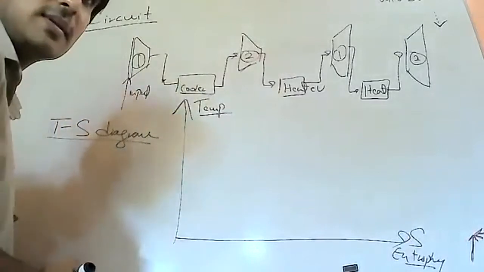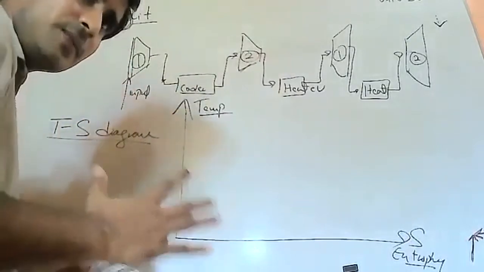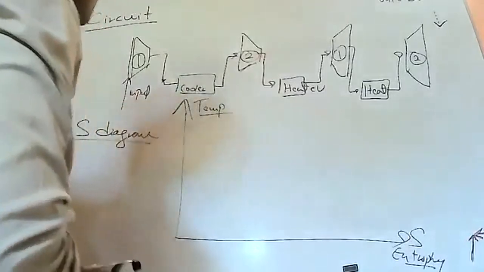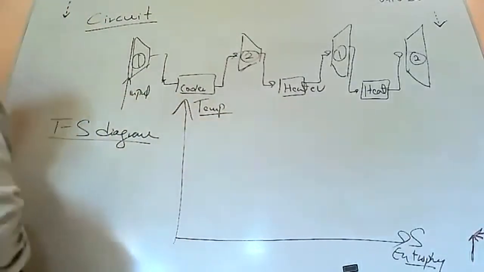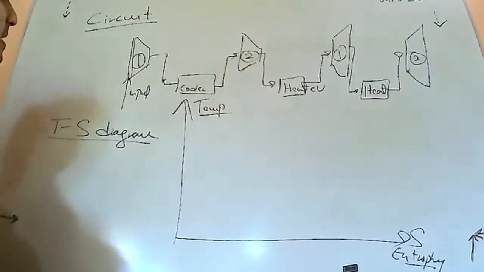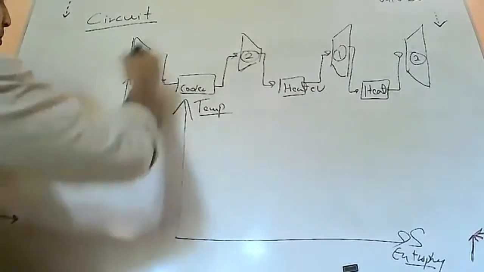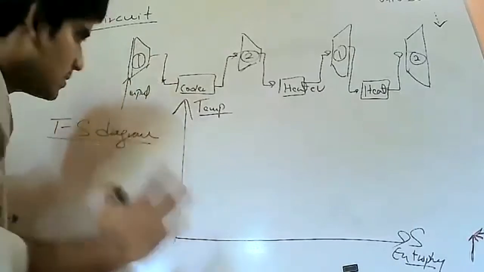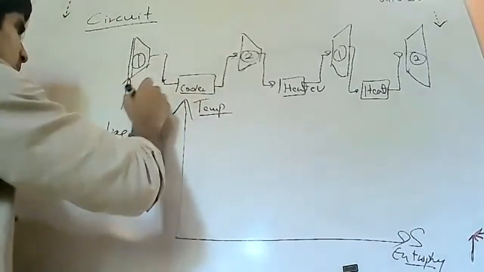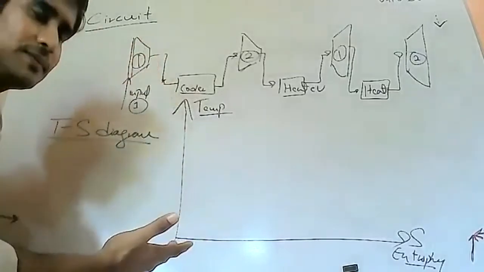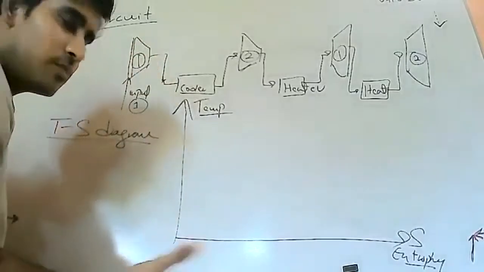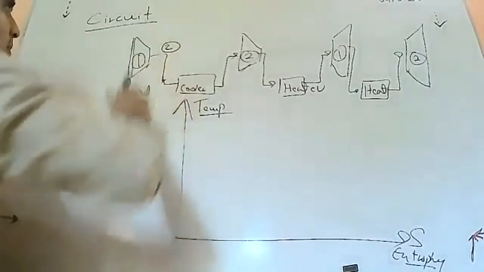We will give numbers, so then you can have a better idea. So let's give numbers. The input we will denote by number 1. After this compressor output, definitely you will be getting an output. So let's call this 2, right?